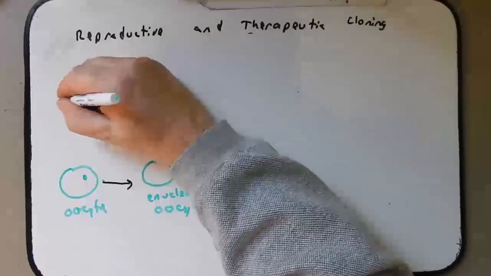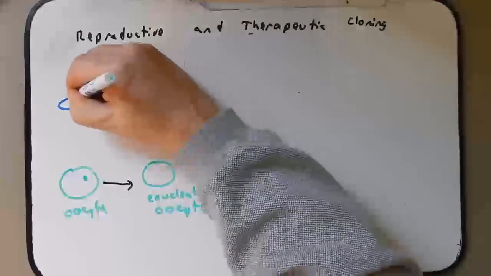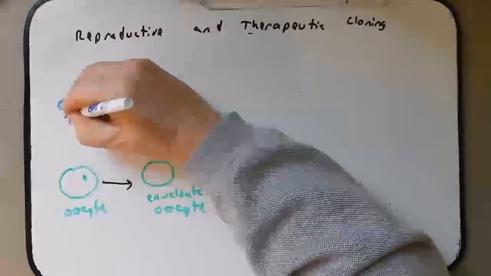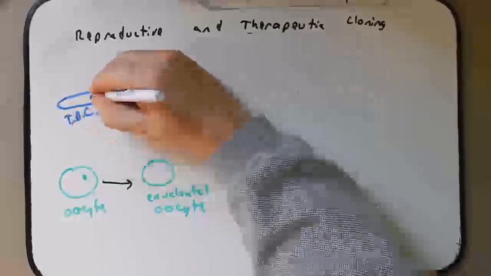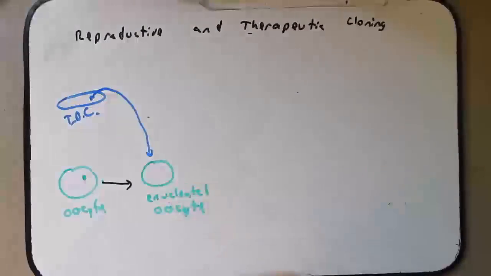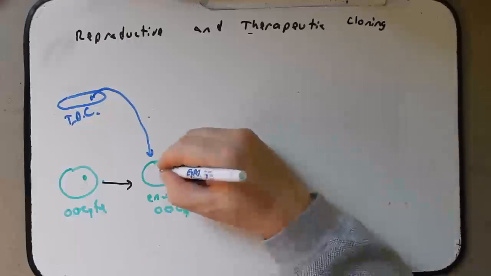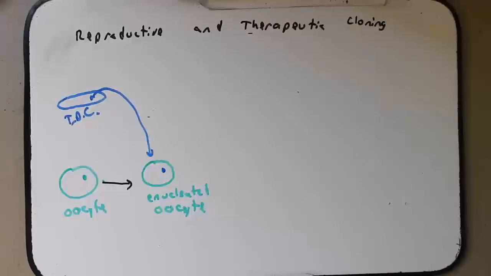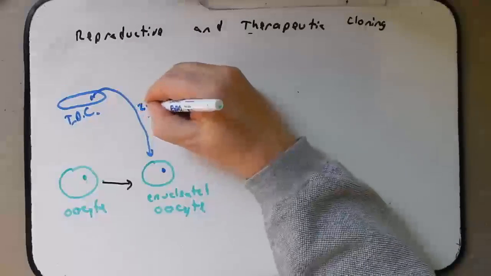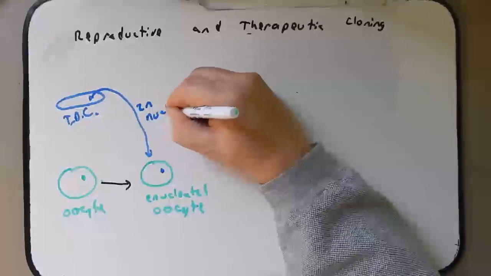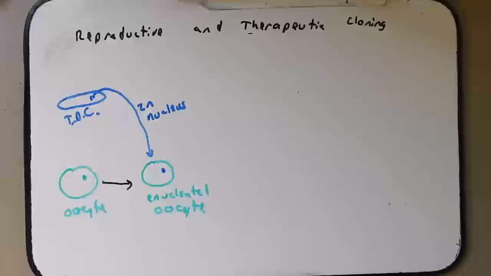But what they can do is take DNA from a terminally differentiated cell and place it into this enucleated cell, or oocyte. Now remember, this is a diploid 2N nucleus because it came from a terminally differentiated cell. In essence, you've created an oocyte that genetically resembles a fertilized egg because it contains 2 copies of each chromosome.